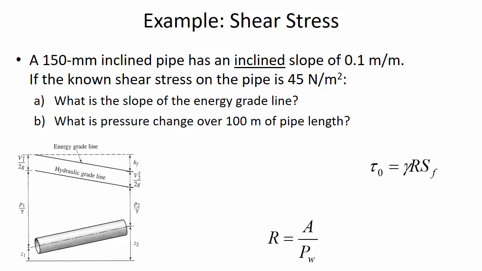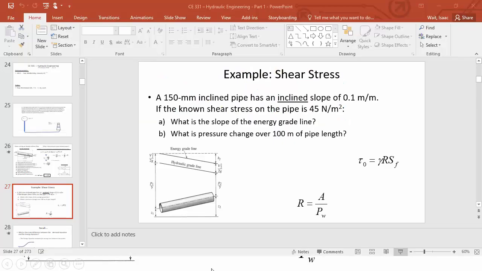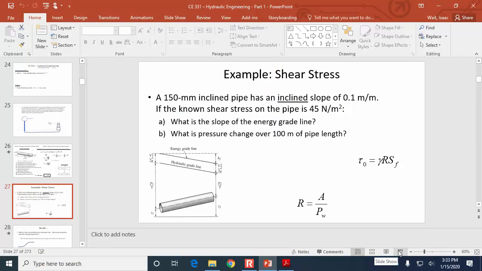Even a 10% slope like this, the lengths would be so close that the head losses would be immeasurably different. And most slopes aren't nearly this steep. So we kind of neglect the difference between inclined distance and plan view distance. All right, so that's the last thing I wanted to say about this example, unless there's any questions.